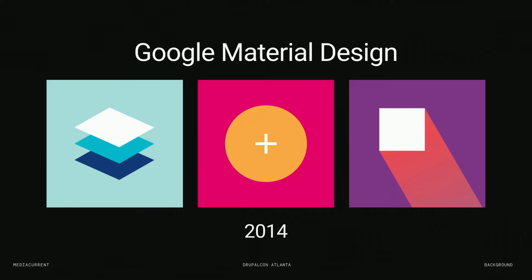But then we get Google Material Design, which came out in 2014, and Google Material Design was less about this idea of components and a design system that had things you could drag and drop, and more about this idea of a design language system, and represented by these three sort of abstract concepts. The first being that material is the metaphor.